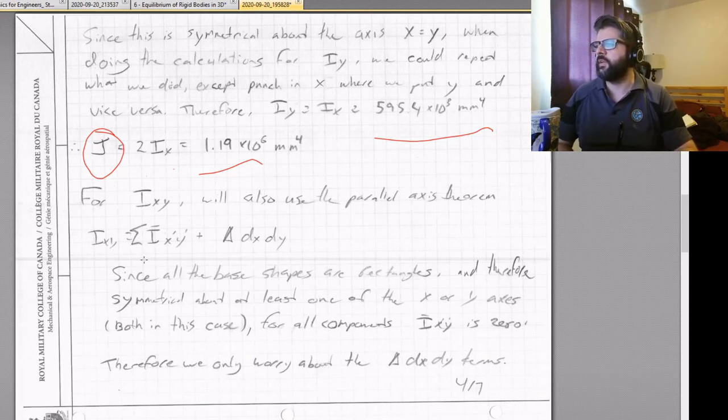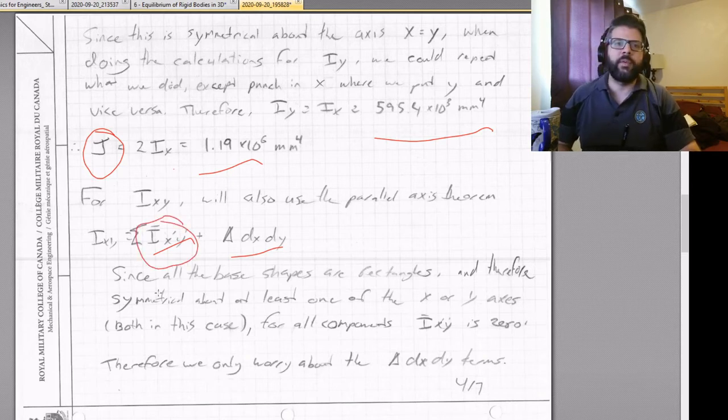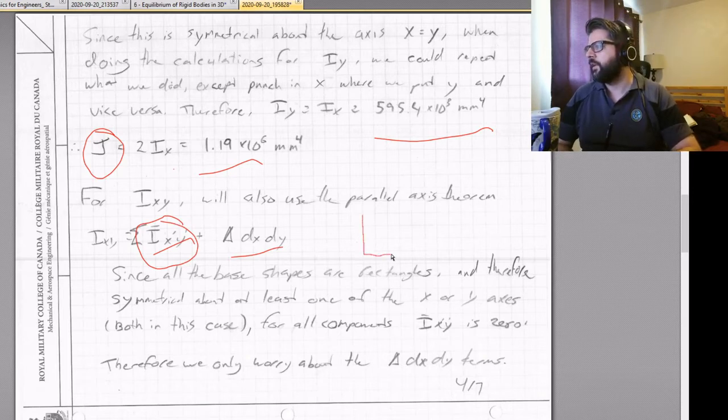We're basically summing up the individual components of the product of inertia, and for those individual components, the A times dx times dy. These end up being relatively simple because those are all rectangles.